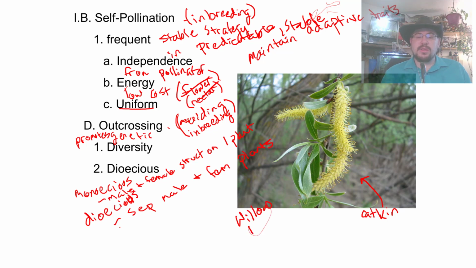So willow tree is dioecious, having two separate sexes. So most plants are monoecious. It's only really about 6% of all plants, of all angiosperms, that are dioecious.